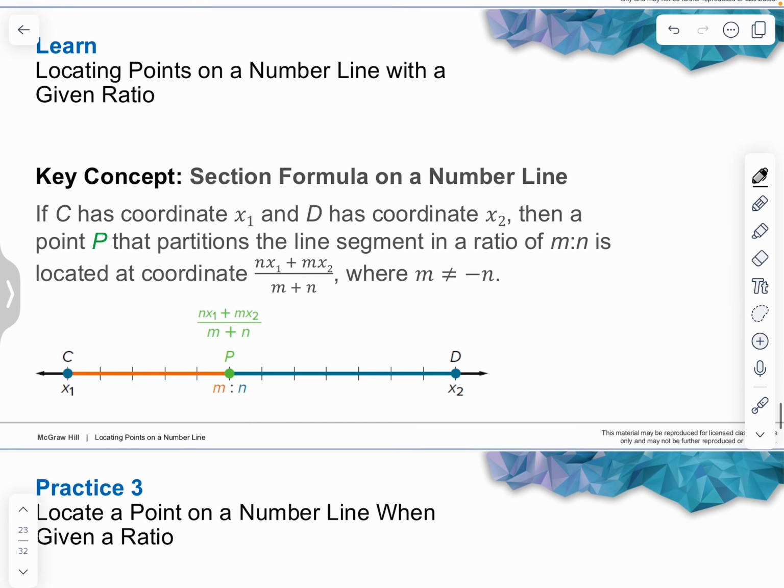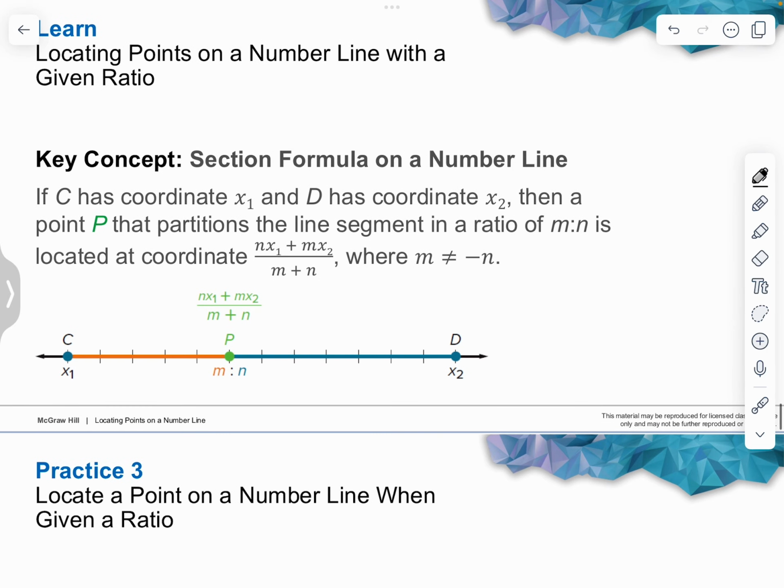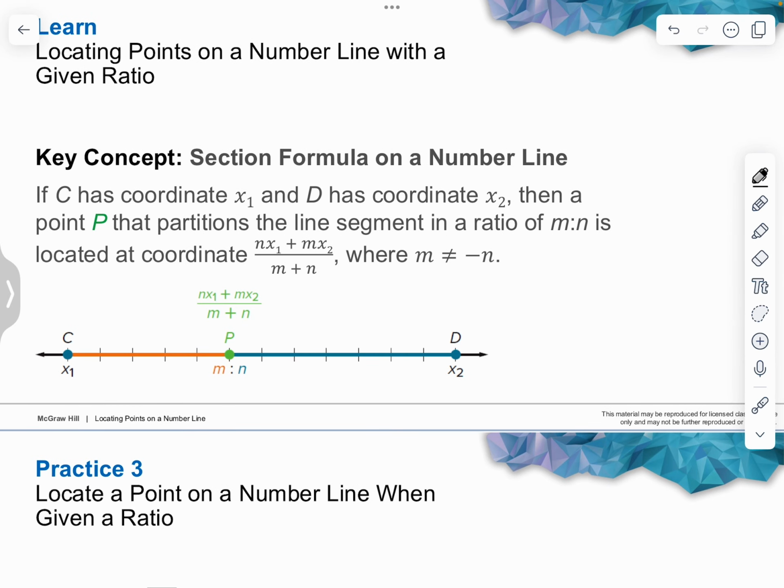If C has coordinate x1 and D has coordinate x2, then a point P that partitions it in a ratio of m to n. Yes, we're going to see what partitions it into a specific ratio. Instead of a fractional distance, like 1/3, 2/3, 1/4, now we're going to do a ratio like 2 to 3.